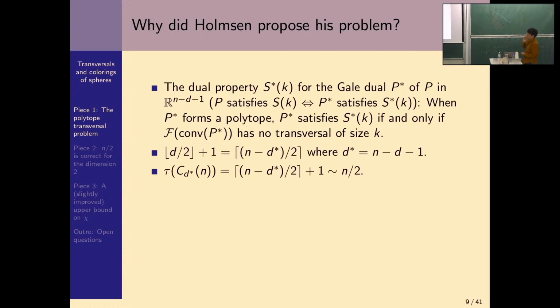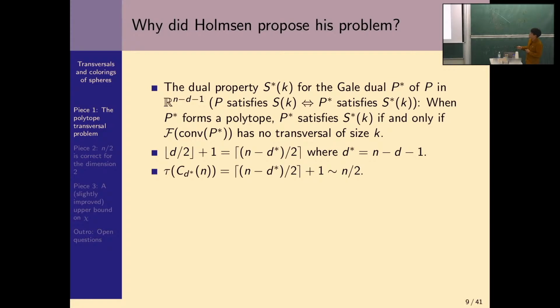Okay, so let us look at the cyclic polytope case once more. Actually, when we use the notation D star, equal to n-d-1, then D over 2 plus 1, the number from the second result of the previous theorem, expressed with the dual dimension D star, becomes this number.